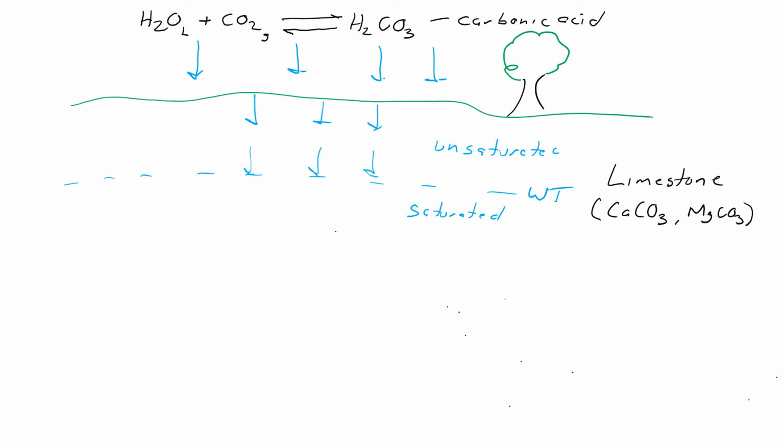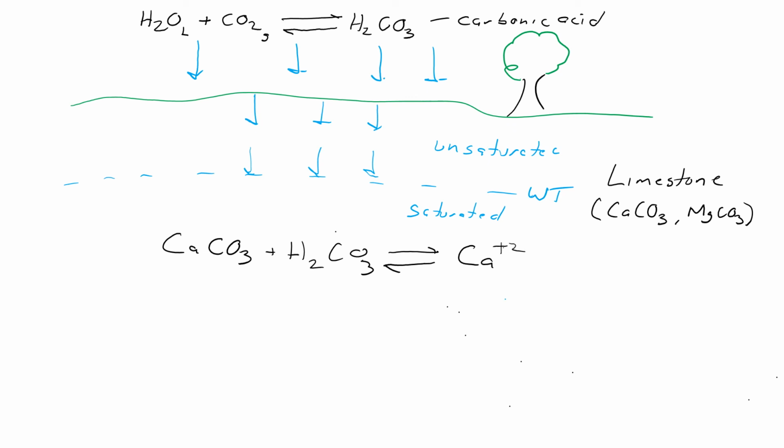And the process is actually pretty simple. You have CaCO3, calcite. It could be MgCO3. Doesn't really matter. And that combines with the carbonic acid, H2CO3. And what happens is it dissolves out the calcium.